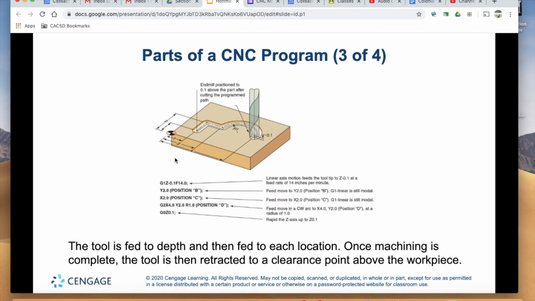That's still going to be using the G01 linear motion. And then we'll use G02 to make a clockwise arc to those coordinates. And then the Z is going to rapid up above the part to 100 thousandths of an inch to clear the workpiece.